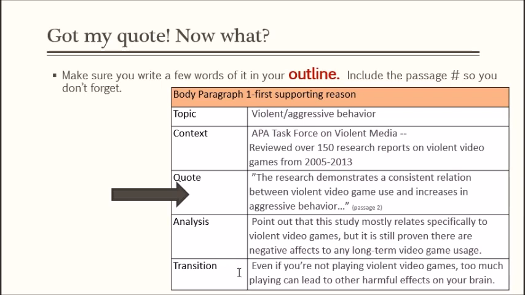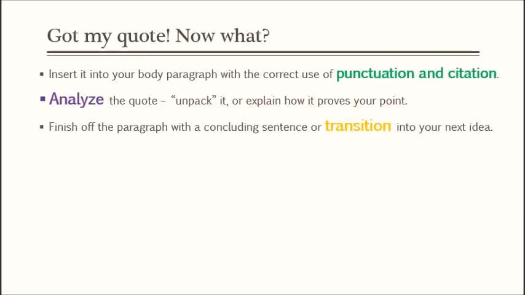And my transition is going to be something along the lines of, even if you're not playing violent video games, too much playing can lead to other harmful effects on your brain. So we're going to kind of transition to my next topic, wrap up my final thoughts on that topic of violence. So we have put that quote in, we've analyzed it, and we're going to finish it off with a transition.